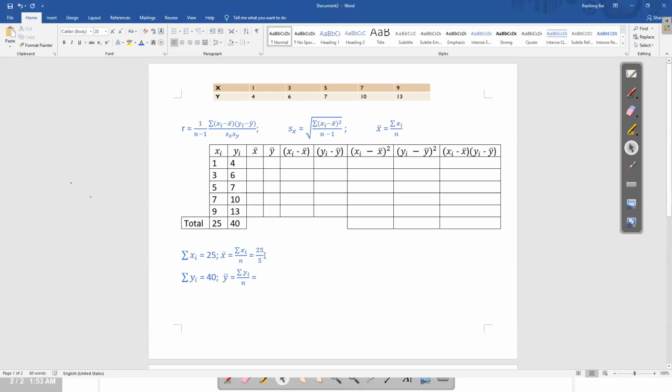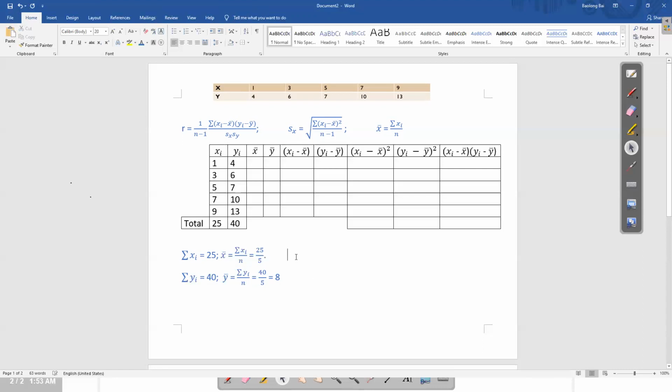So if we calculate, I'm going to copy the function here and change the number. On top, the sum of yi equals 40, we just found out. And n is the same, right? You have the same sample size for the study. So y bar equals 8.